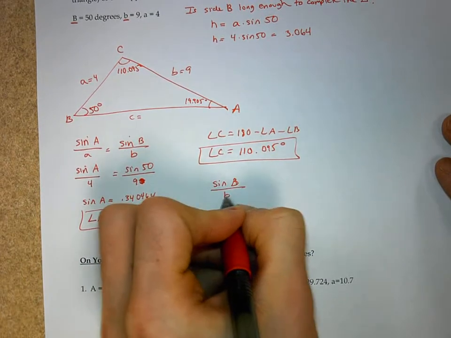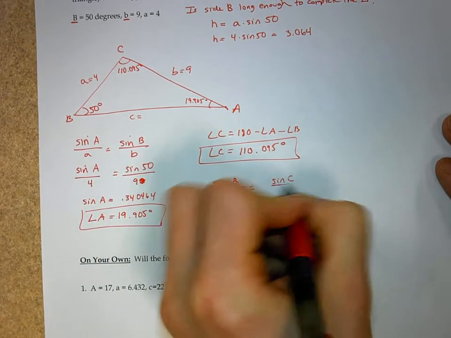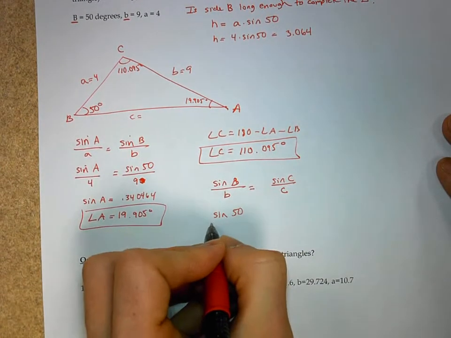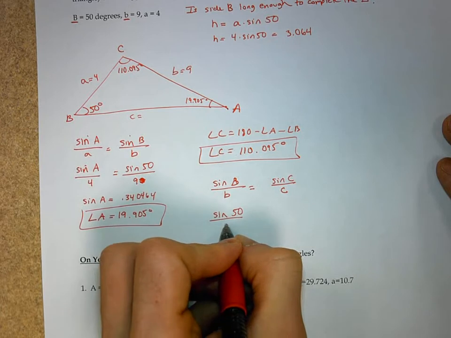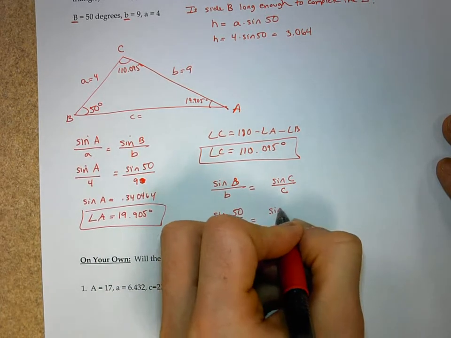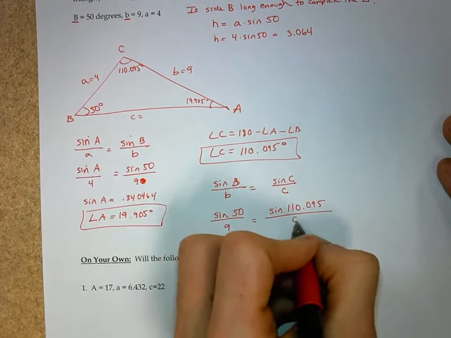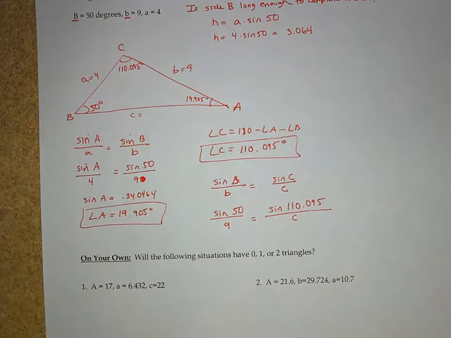So sine of B over B is equal to the sine of C over C. So the sine of 50 over 9 is equal to the sine of 110.095 over C, which is what I'm looking for.